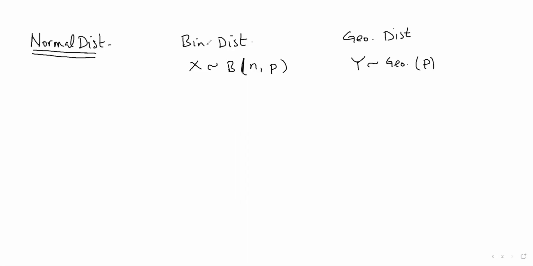Similarly, when you have the normal distribution, we write that this z is normally distributed. I shouldn't be using this z here. Anyhow, there's a special significance of this z in the normal distribution, but since I have used x and y here, I'm just using z. So this is going to be the mu and the variance.